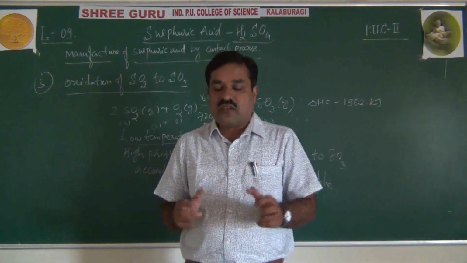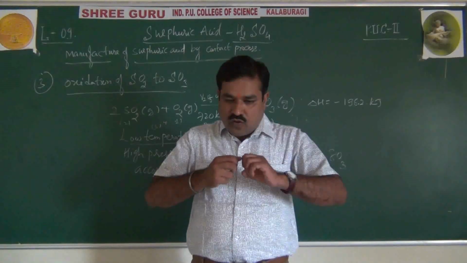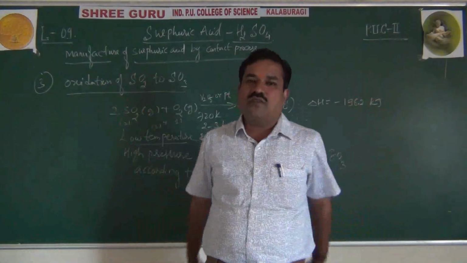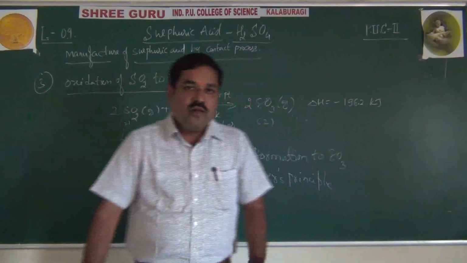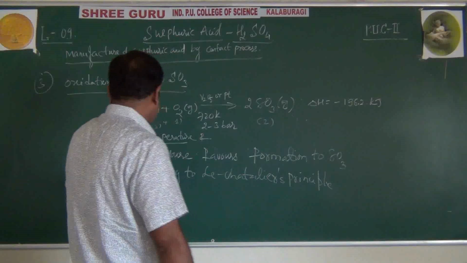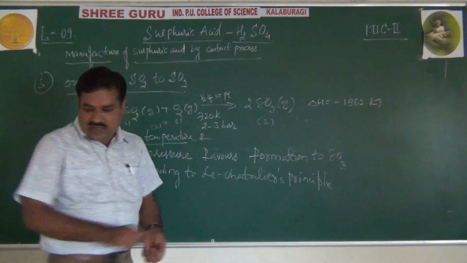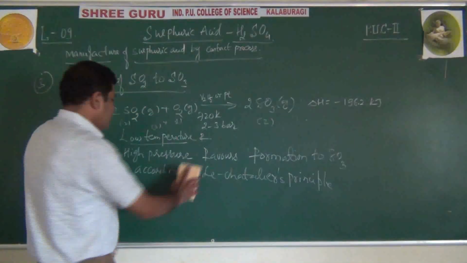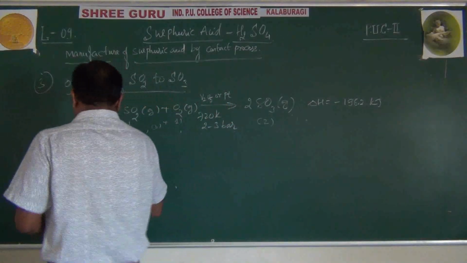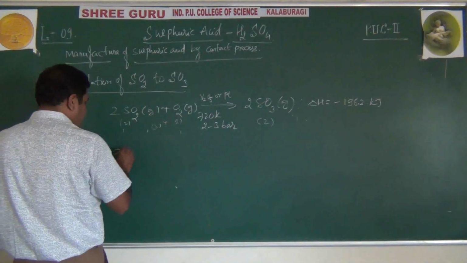And sometimes due to the highly exothermic reaction, the whole plant may explode. That's why high pressure is also not favorable. Therefore, what are the optimum conditions for oxidation of sulfur dioxide to sulfur trioxide? The optimum conditions are based on the whole physicochemical principles.